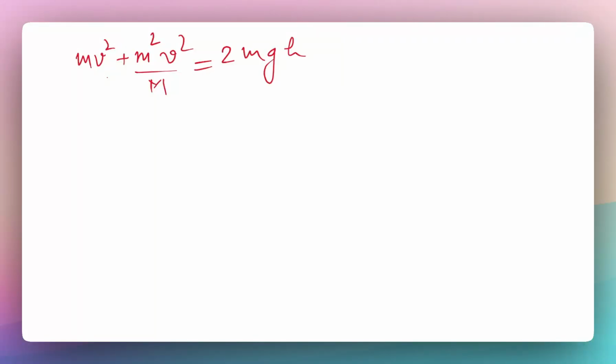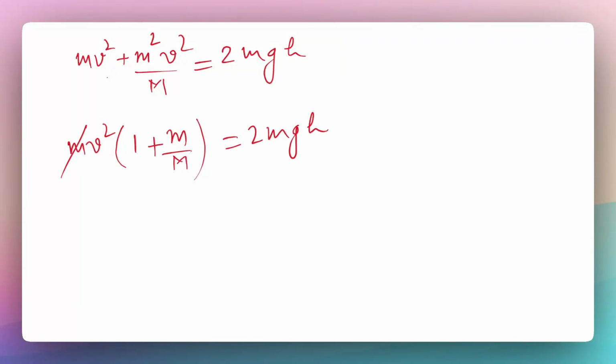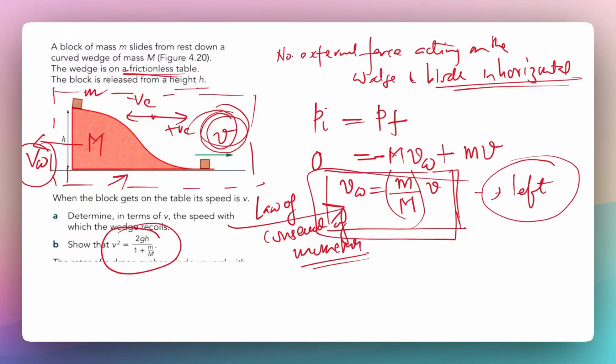Now we can take m v square common, and we'll get m v square into 1 plus small m by capital M equal to 2mgh. We can now get rid of this m. Now v square is going to be 2gh divided by 1 plus m by M, and I think that is what they asked us to prove.